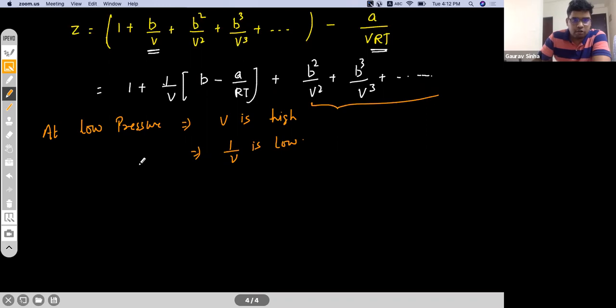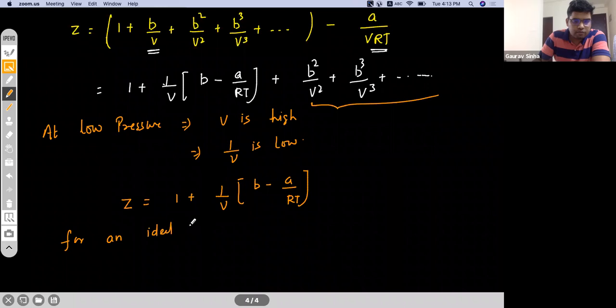At low pressure, the expression of Z is equal to 1 plus 1 by V, b minus a by RT, and this other term we have neglected. So this is the situation we have. Now for an ideal gas, what is the condition?